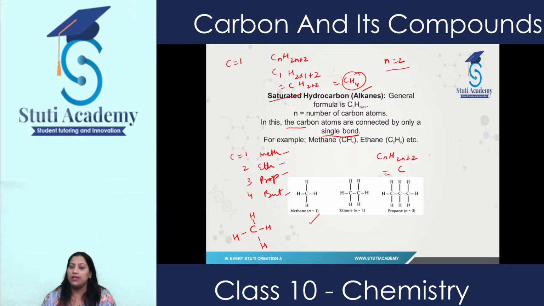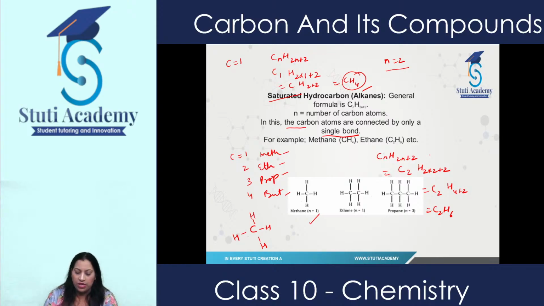In place of n, just simply write 2. H2 into 2 plus 2. So C2, H4 plus 2, then we'll get C2H6.